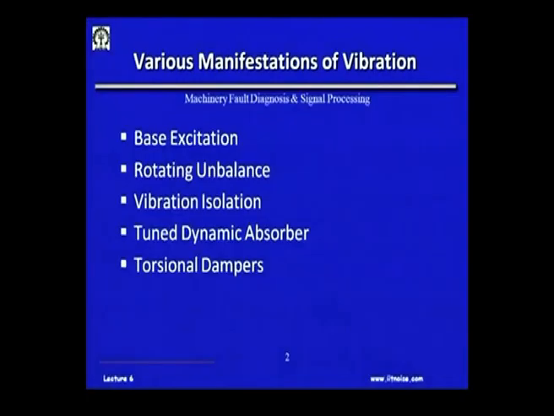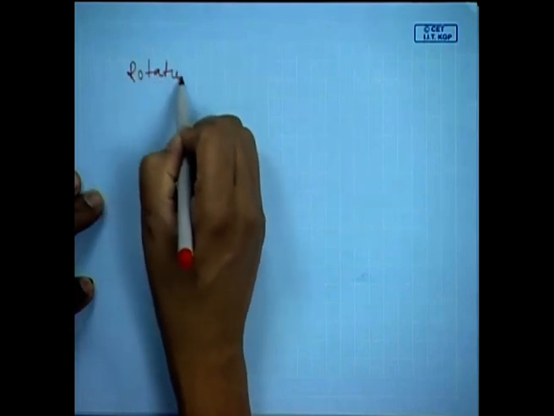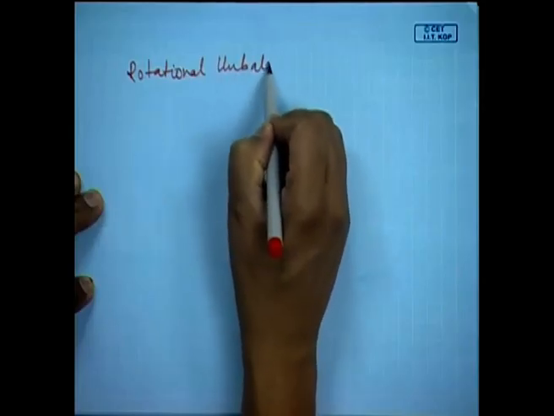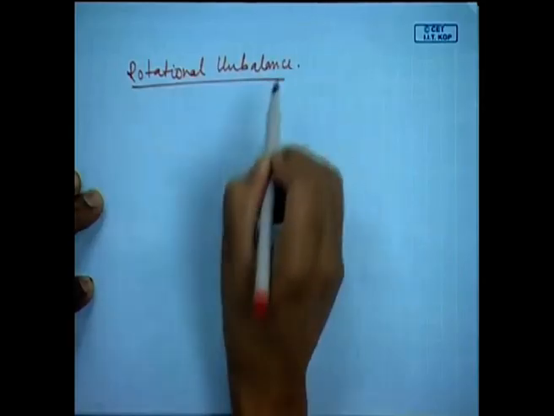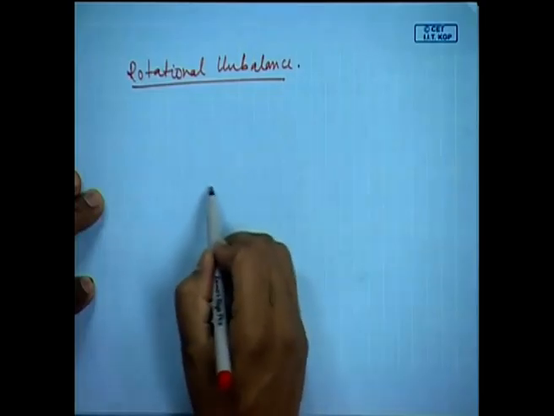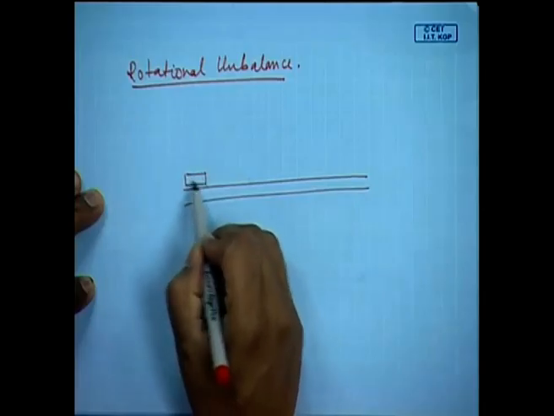Another very important application, or rather unwanted vibration, is rotational unbalance. Essentially what we have is a shaft which is supported on bearings.